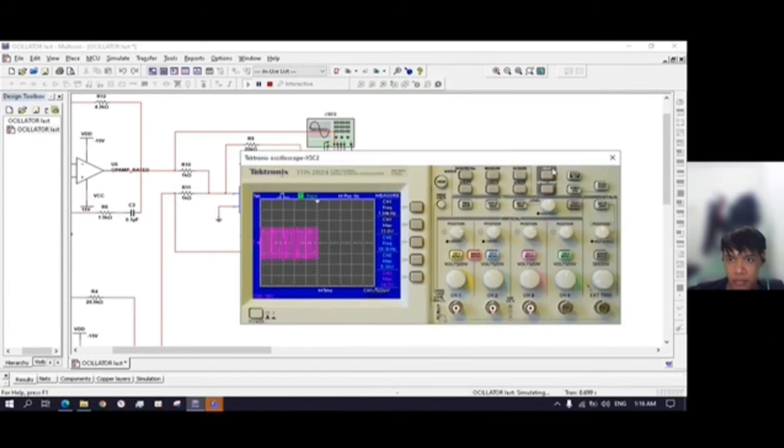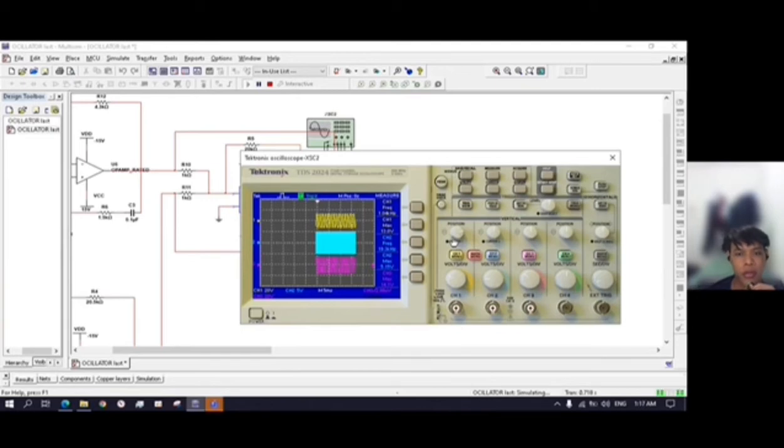This is the three signals which we combine from oscillator 1, oscillator 2, and oscillator 3. We will get this kind of frequency sine wave. Channel 1 is oscillator 1, we get 1.04 kHz and the output is 13.0.